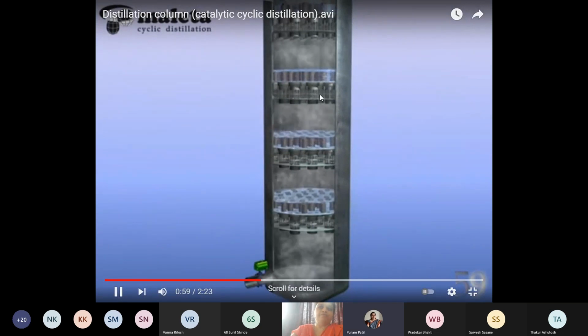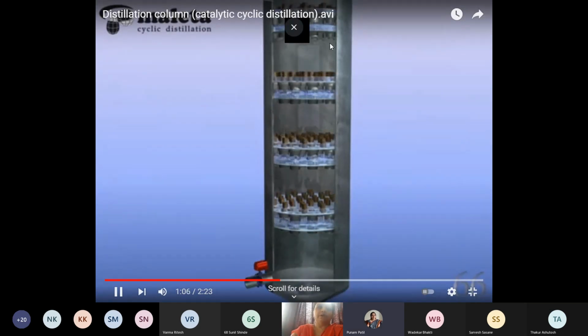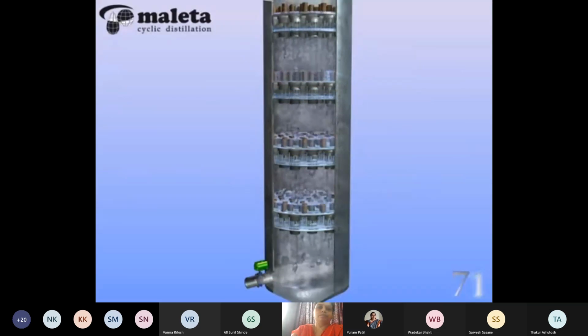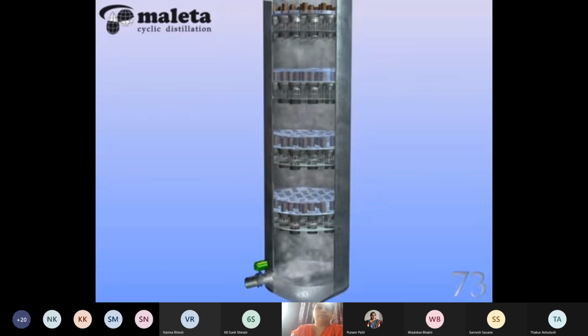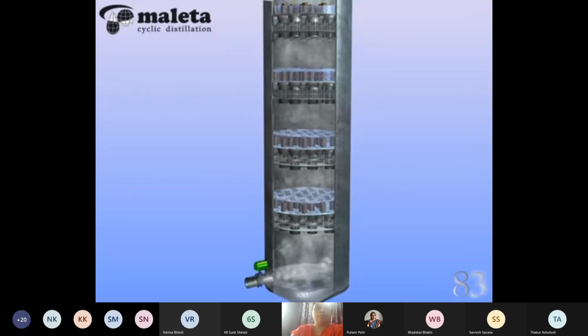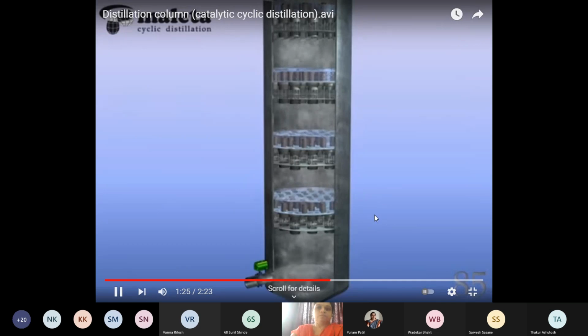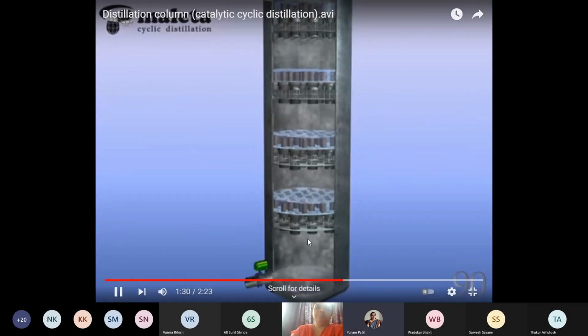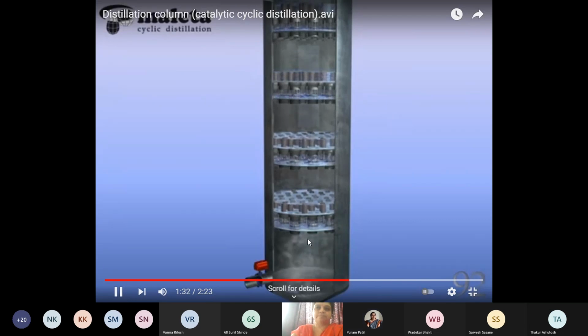Vapors are moving up, whereas we get volatile at the bottom, whereas no volatile component at the top. So because of the heat transfer, mass transfer takes place.